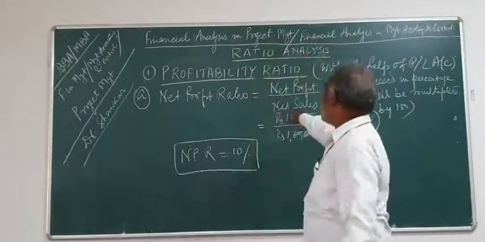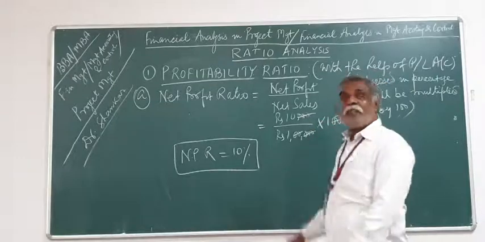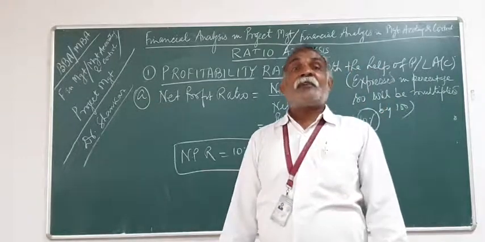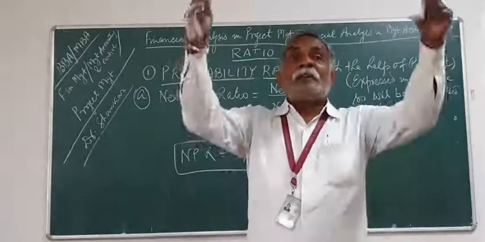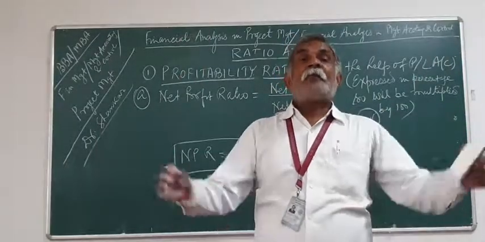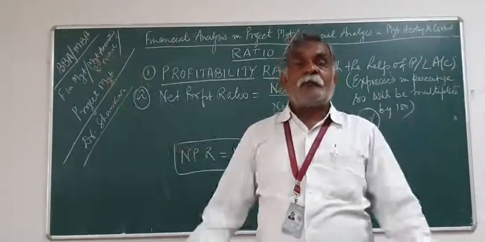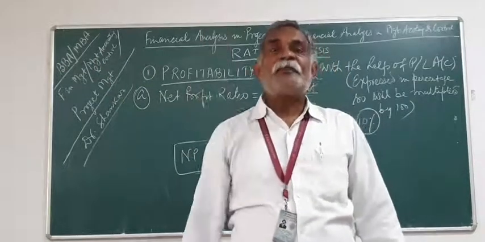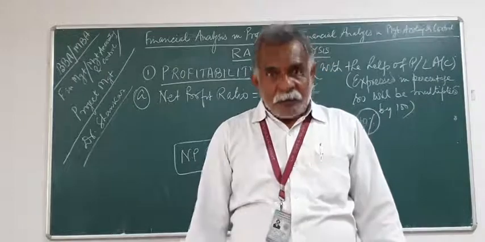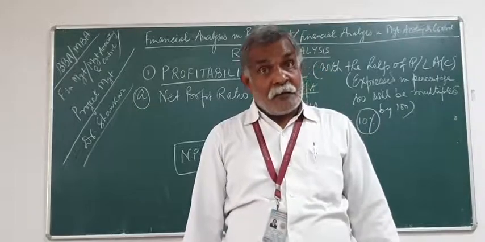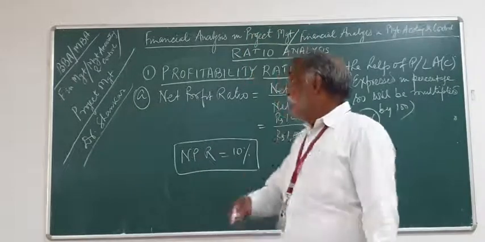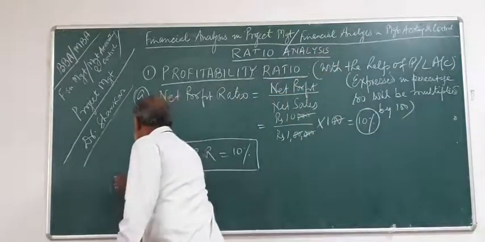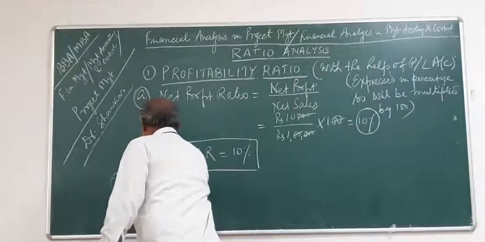So this 10,000 is 10% of 1 lakh. In this way, we have seen the net profit ratio is 10%. And if we compare the profitability of many alternative projects, the higher the net profit ratio, the better the project, and in that project we will invest our capital. Is that clear? Now, the second ratio is called the gross profit ratio.